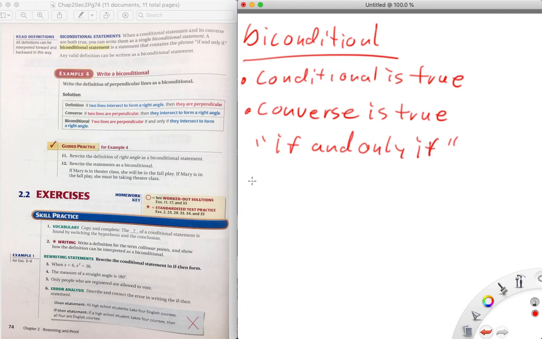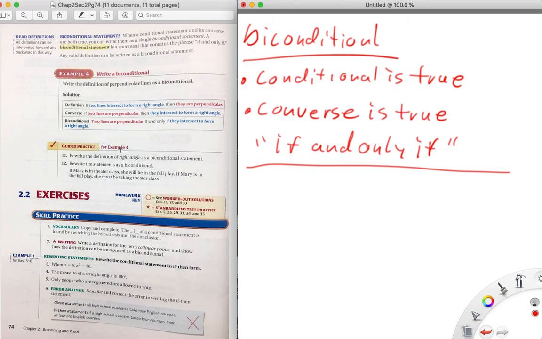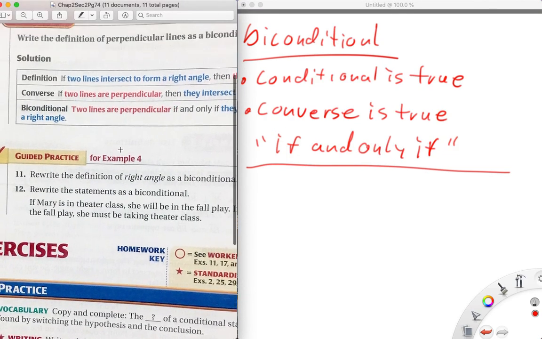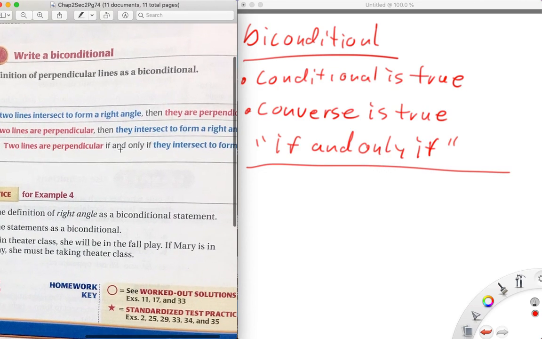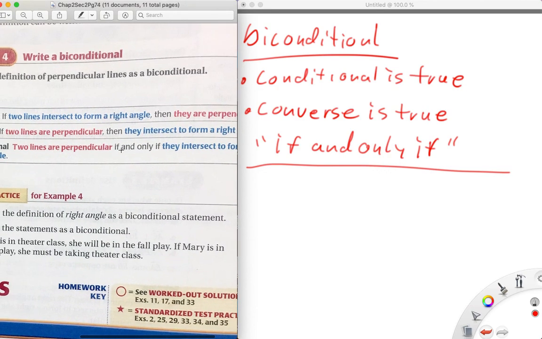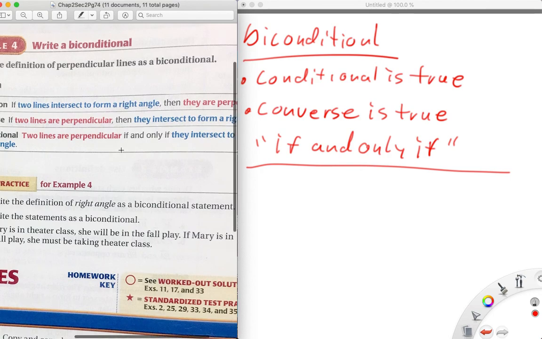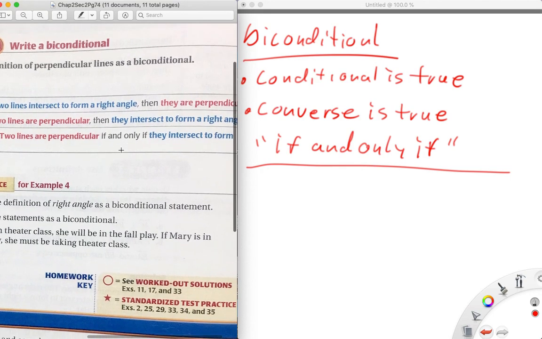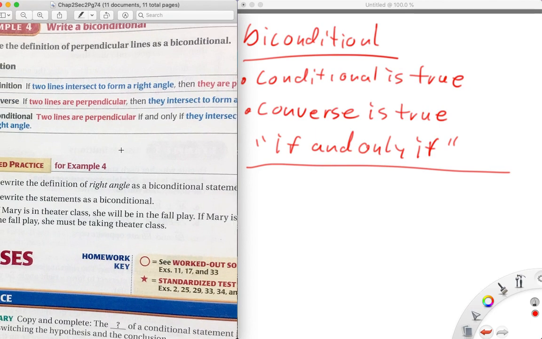So it's saying in terms of the perpendicular lines, and we have it right here. So with the perpendicular line, we said if two lines intersect to form a right angle, then they're perpendicular. Then we said the converse is true. If two lines are perpendicular then they intersect to form a right angle, we can take out the if then, and we're going to put if and only if in the middle.